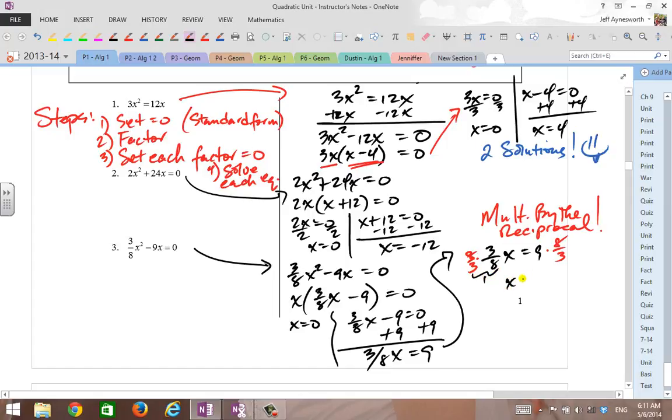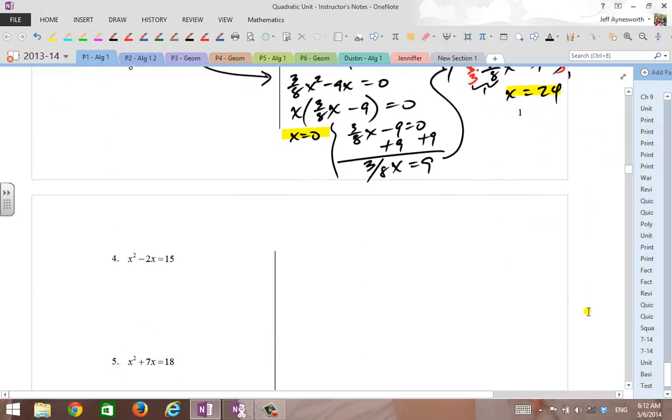This is 1. So you get x is equal to, let me see, 3 into 9 is 3, times 8, 24. So I have 2 solutions there, okay? I have x equals 0 and x equals 24. Again, you're looking for 2 solutions on these quadratics, okay? Because you're going to split it into 2 factors. Each one has a solution.